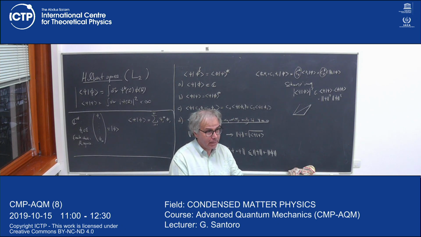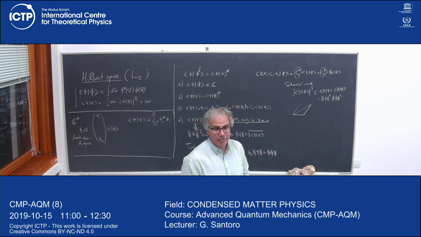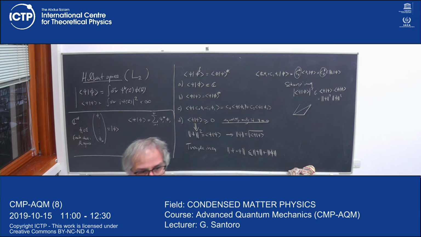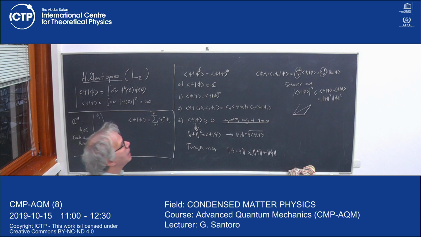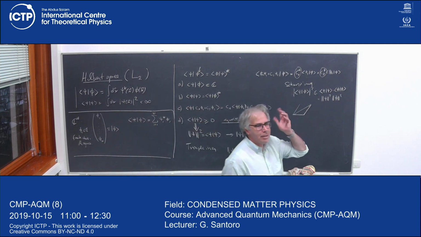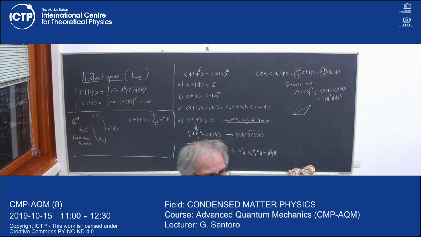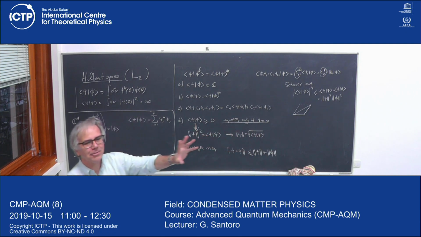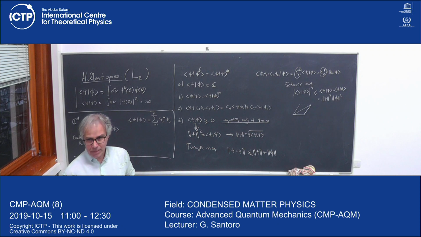Is it clear? This is for ordinary vectors on the plane or in R^n, in n-dimensional Euclidean space. And that's exactly the same thing. So you should recall it as the fact that the cosine cannot be larger than 1 in modulus. It is a very general property that can be demonstrated.